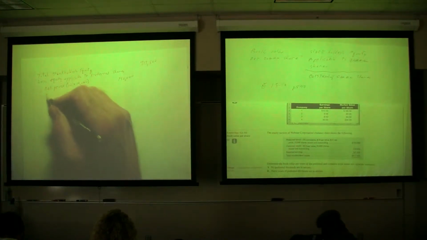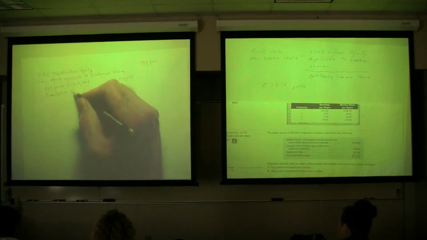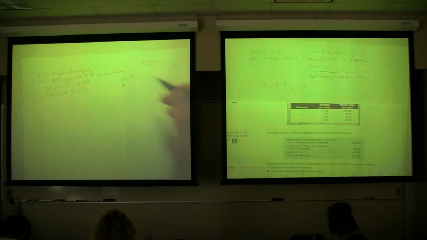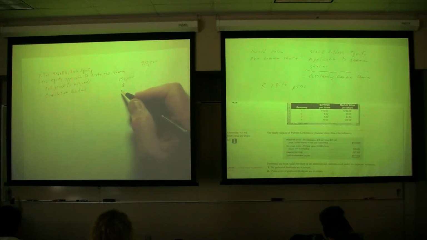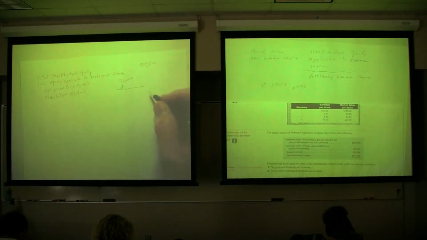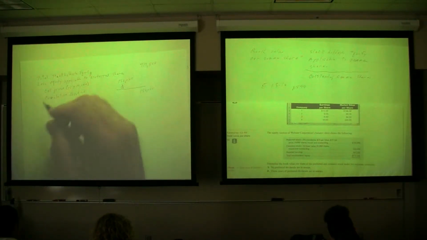Cumulative dividends. In this case, it's 0. Okay. So you add the two together, it comes to $150,000. That's equity applicable to preferred shares.